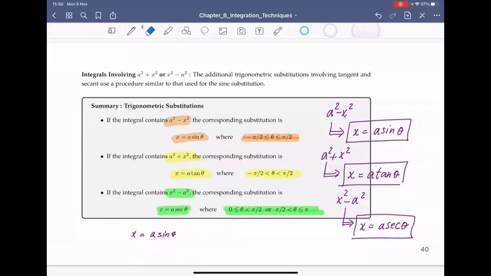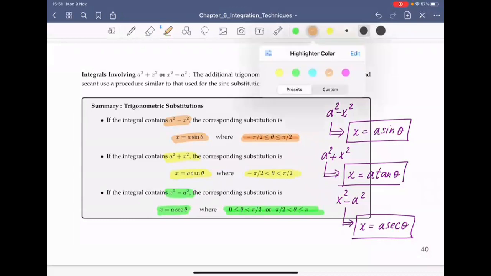I'm not 100% sure, maybe they have another reason that we avoid a times cosine theta, but based on my experience, x equal to a times sine theta and x equal to a times cosine theta are equivalent and give you the same answer. That's why people avoid cosine theta and just memorize only one. The same technique applies to tangent and cotangent, secant and cosecant. So we just memorize this, keeping it to the minimum as much as possible. All right, we're going to do more examples.